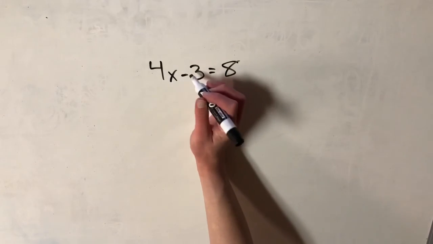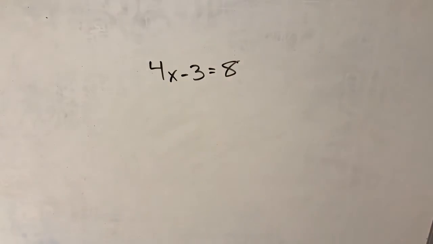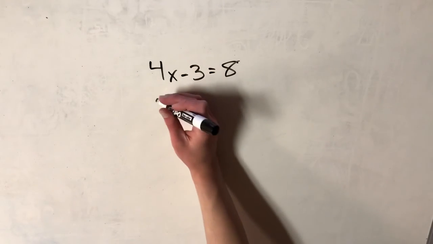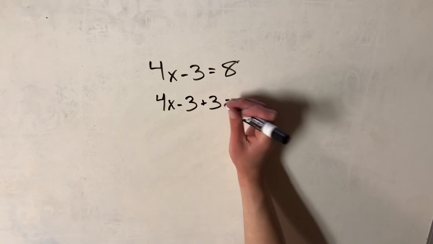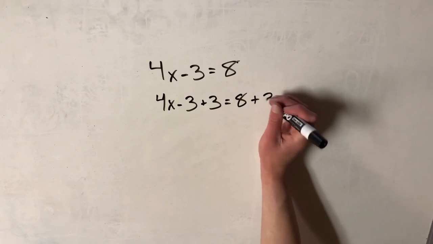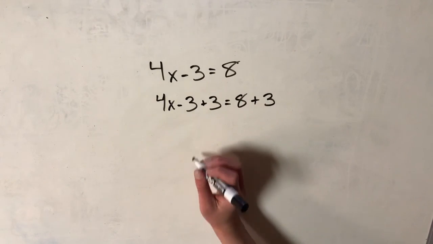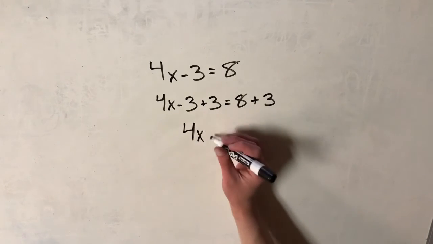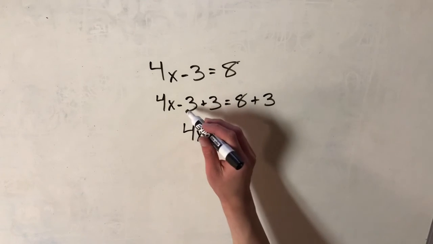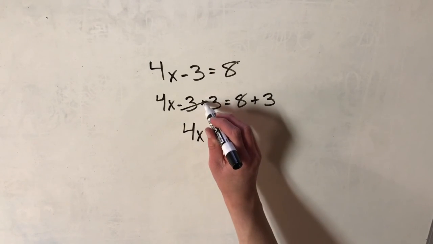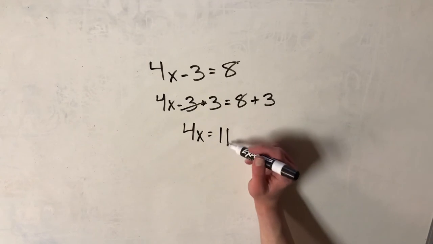So the 4x is being subtracted by 3. So you're going to do the opposite of that, and that's to add 3 to both sides. So you have this, because those cancel, and these equal 11.